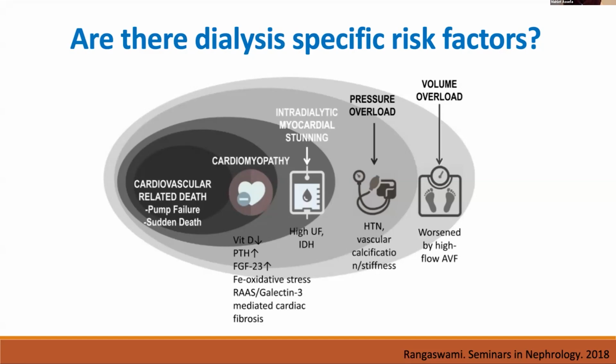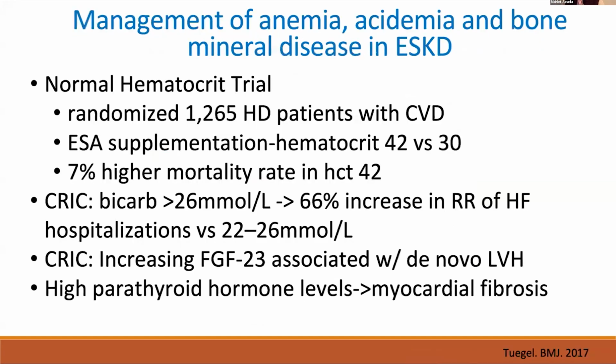The last point is that the group of conditions we think about as being associated with end-stage kidney disease, things like anemia and bone mineral metabolism issues, have also been implicated in long-term poor outcomes regarding heart failure. We'll go through a couple of them here.